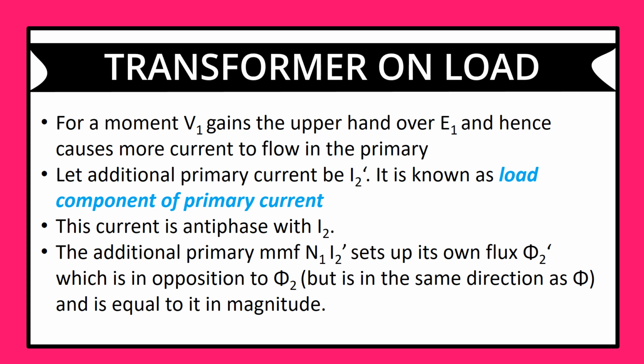The additional primary MMF or N1 I sub 2 prime sets up its own flux phi sub 2 prime, which is in opposition to phi sub 2 and is equal to it in magnitude, but it is in the same direction as the primary flux phi.